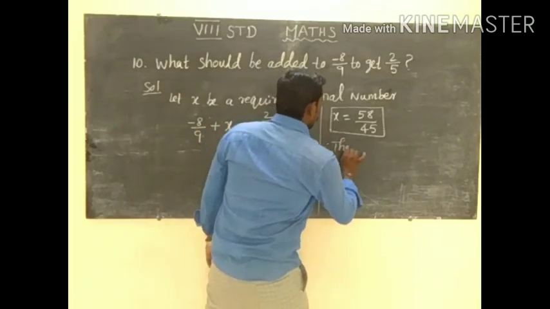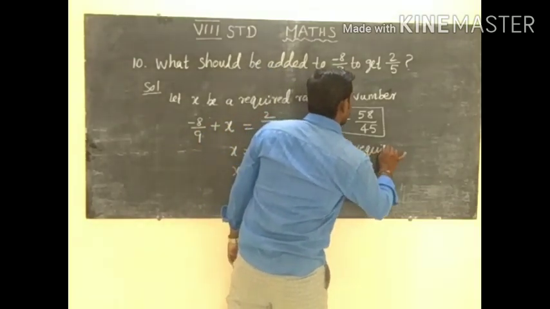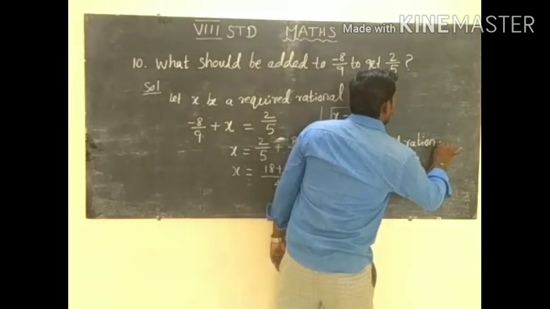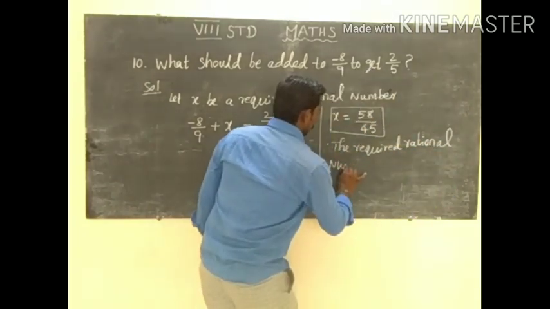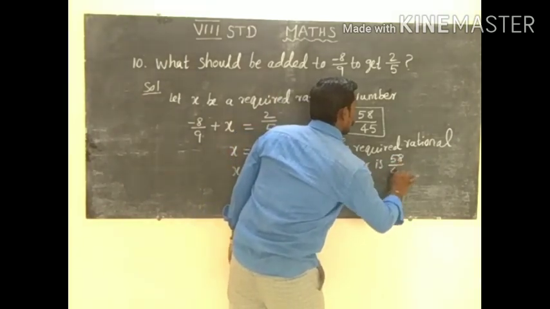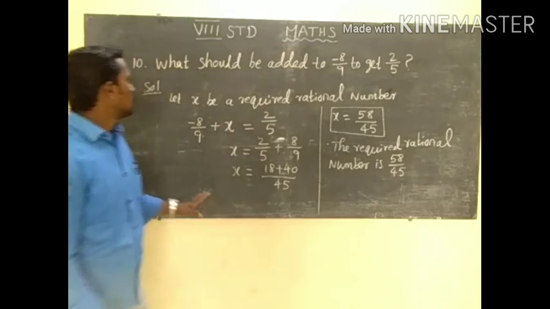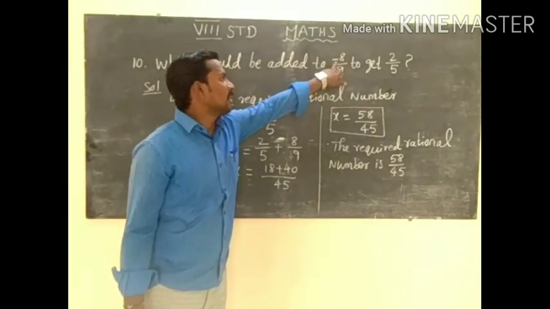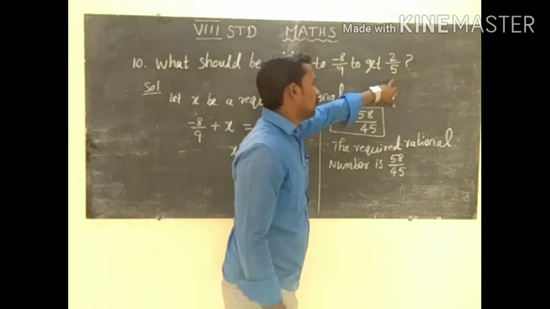Therefore, the rational number is 58 by 45. Have you understood? The question is, what should be added to minus 8 by 9 to get 2 by 5?